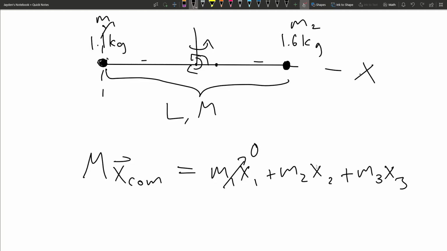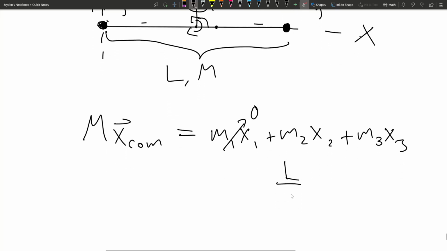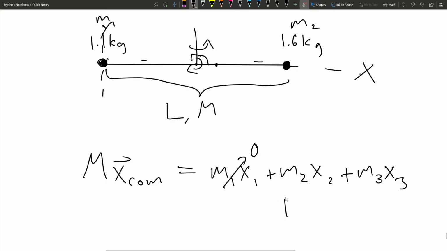Then m2 x2, let's just say that's the rod, that's just going to be M times L over 2. And then for this one, it's M3 times 2L.